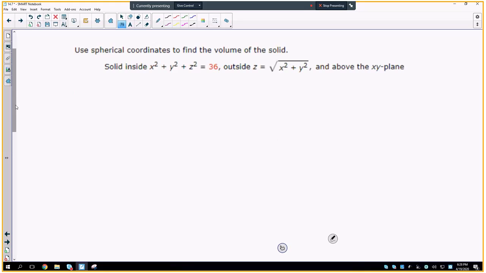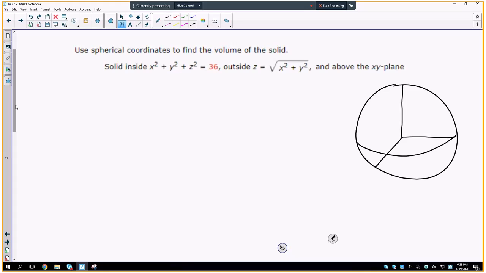First think about the sphere of radius 6 units. This is the outside boundary, and the inside boundary is the cone z equal to square root of x squared plus y squared. So that's this picture, and we have our three-dimensional object bounded by this outside and inside.